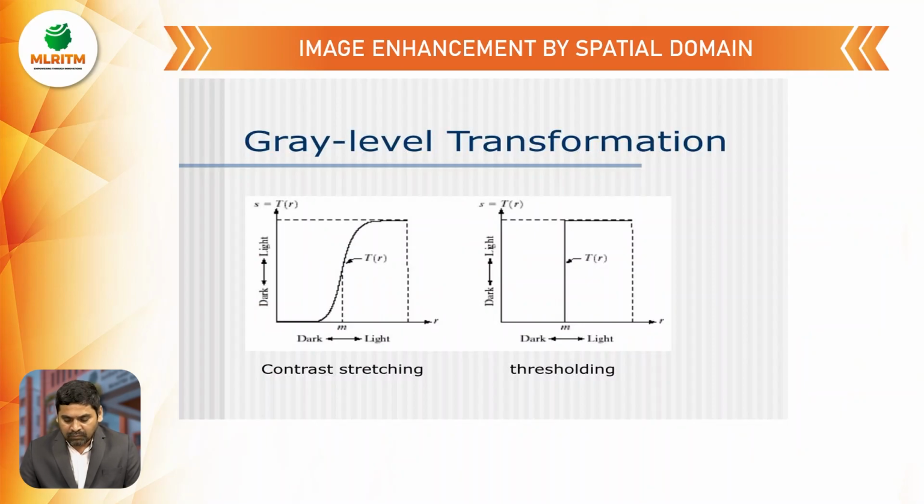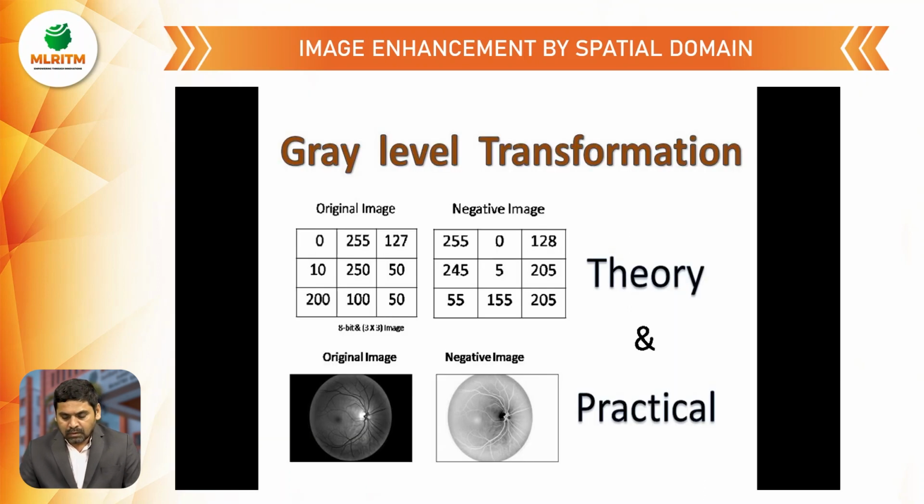So for gray level transformation, when R is dark the output is light, and a similar graph is there. From a theoretical point of view, in the original image there is some object with some little black.